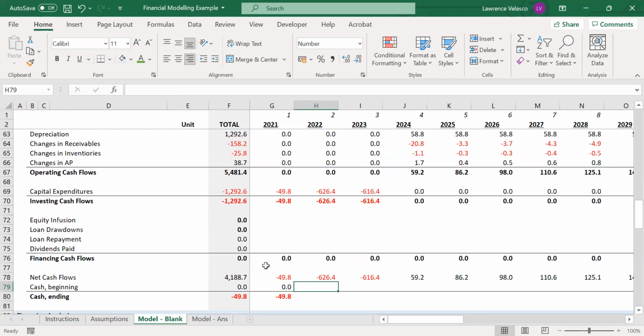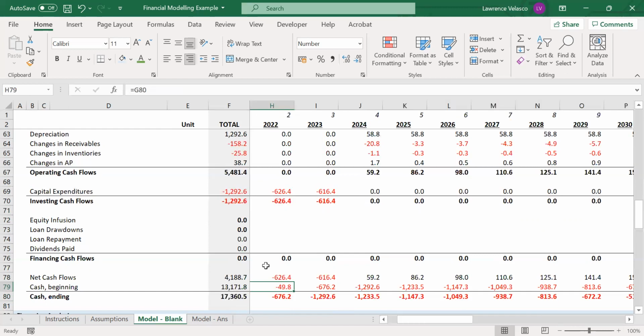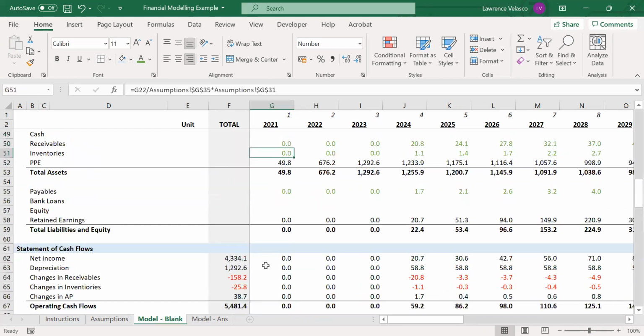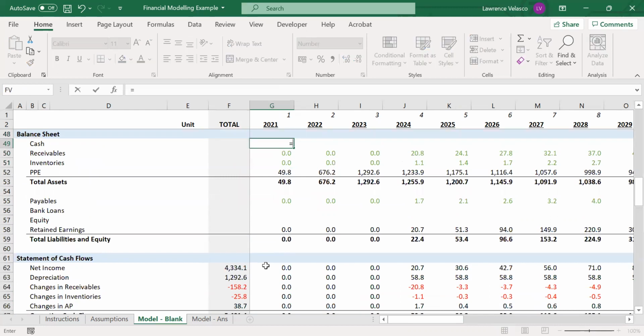The cash beginning in 2022 is equal to the ending in 2021. And then you can add the two, and that's the cash ending for 2022. So you can copy both items up to the end. With this, meron ka ng cash ending, you can now connect it to the cash balance here.